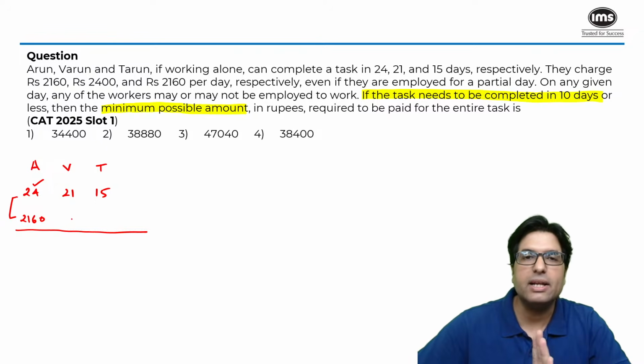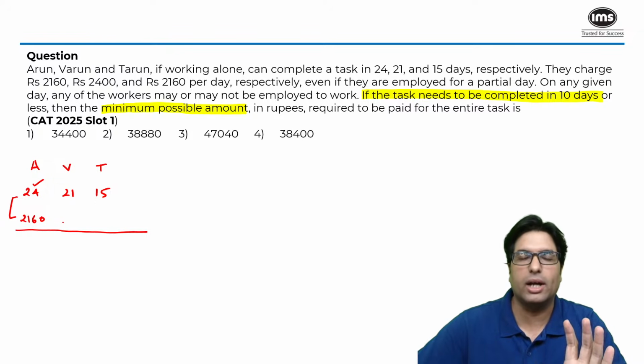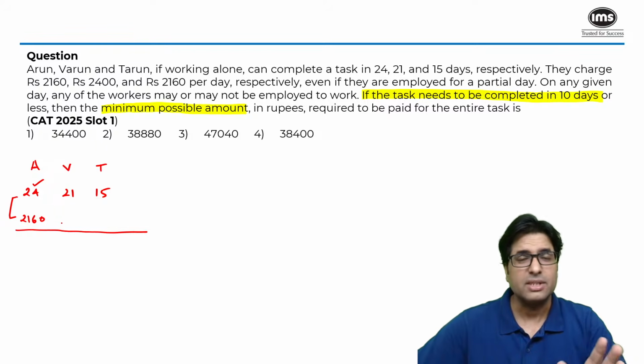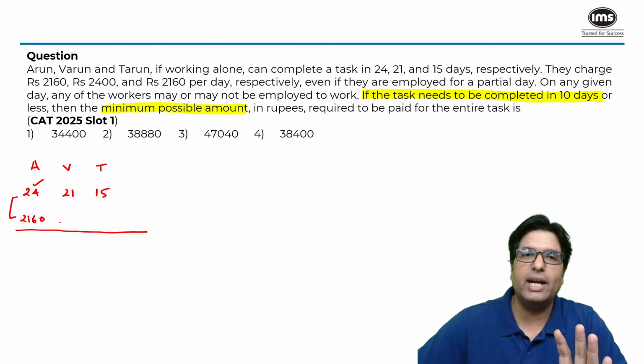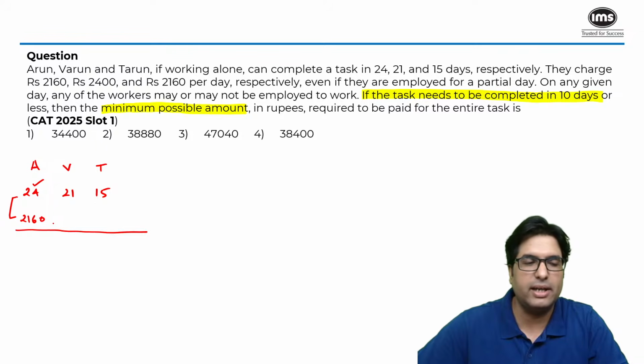I can compare the payments similarly for Varun and Tarun as well, where I'll calculate that if individually they were given the whole task, what is the total payment that I'm required to pay them. And then whoever gets paid the least, I'll be able to identify that this person will be the one I'll want to pick to get the job done, because effectively this person gets paid the least.